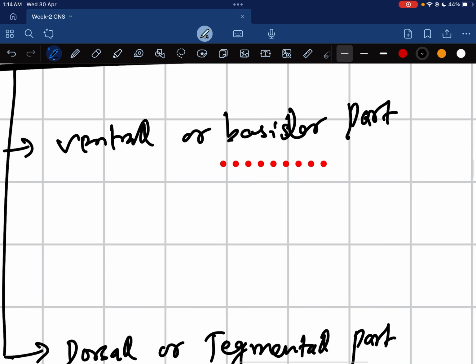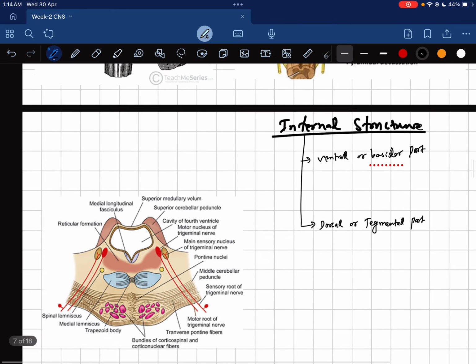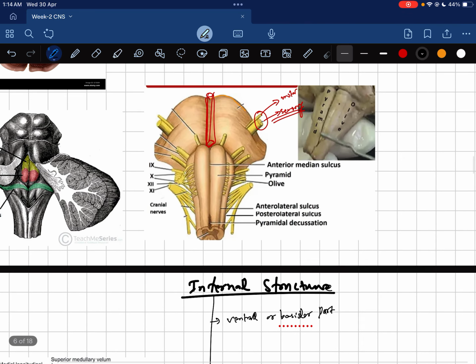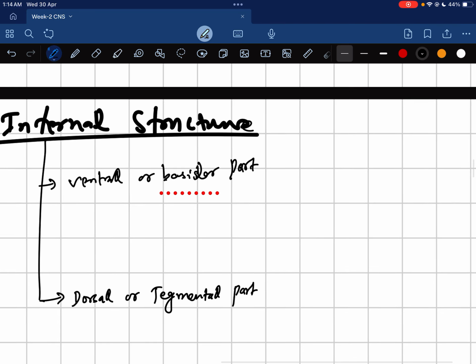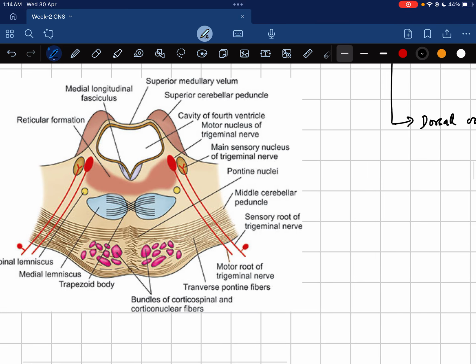The ventral or basilar part is continuous and parallel with the pyramids of the medulla and the middle cerebellar peduncles, like in this image. This is the ventral basilar part.